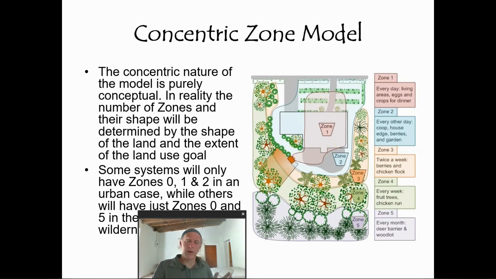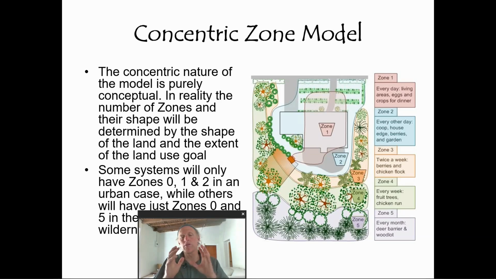While other sites, maybe because their function is different, it's a retreat, they'll have a zone 0 and a zone 5, because there's no requirement to produce anything. So it's not a production-based system, so there's no need for production zones. So the selection of zones has got everything to do with the nature of the property and the function of the property.